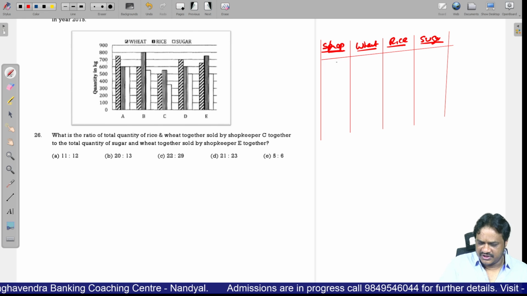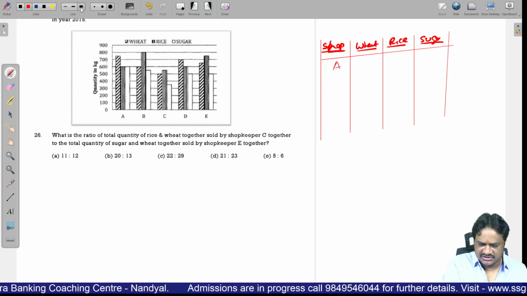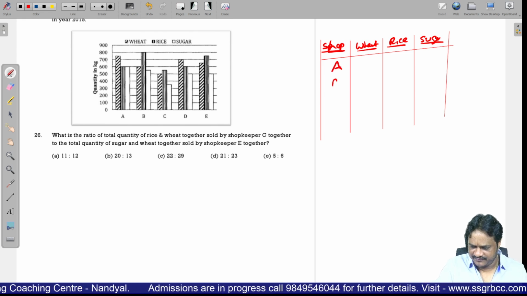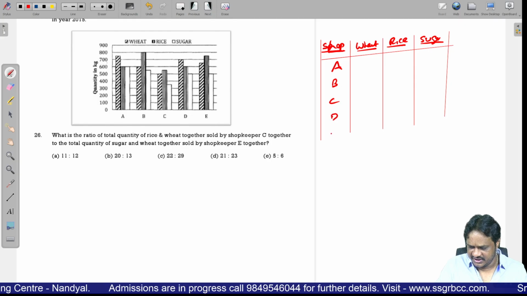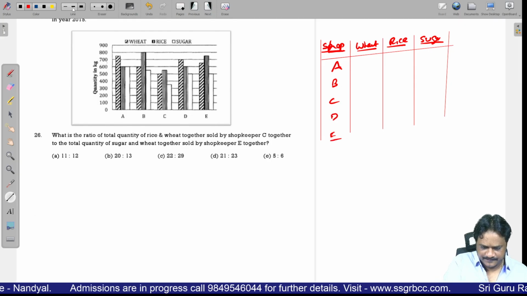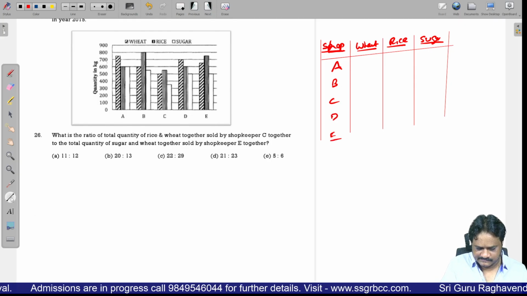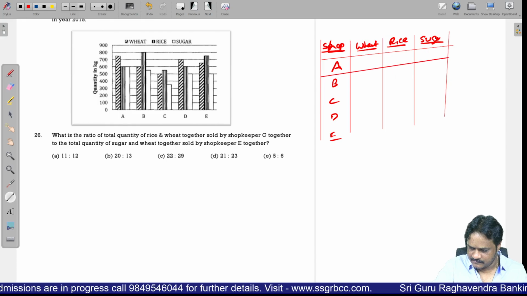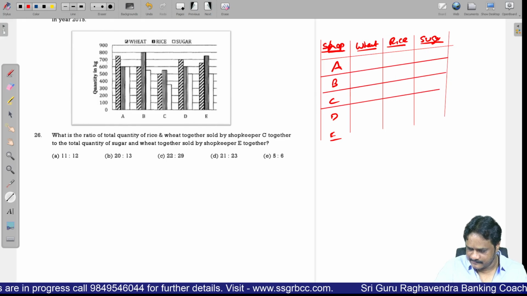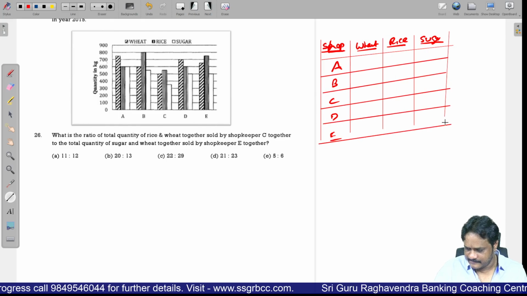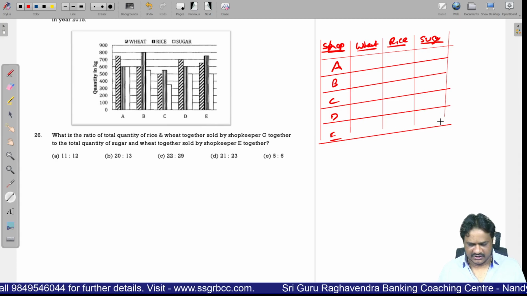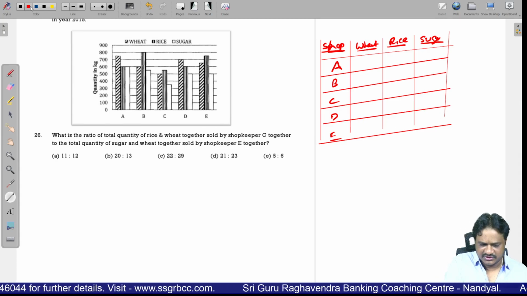Below, the shopkeeper names A, B, C, D and E. And there is one more thing, total.